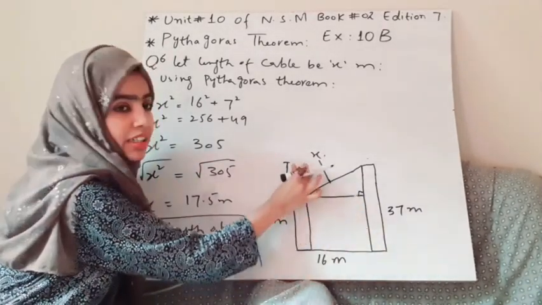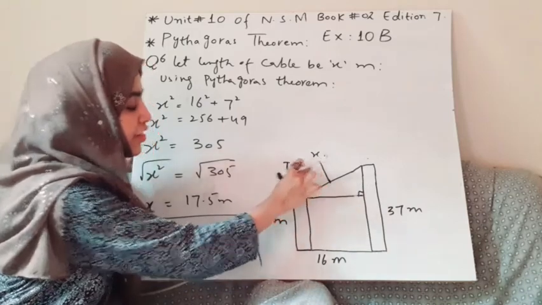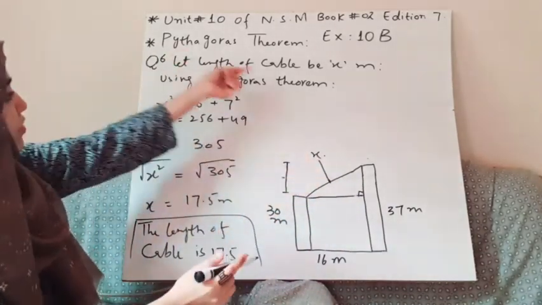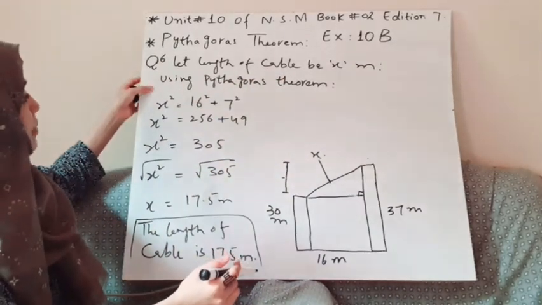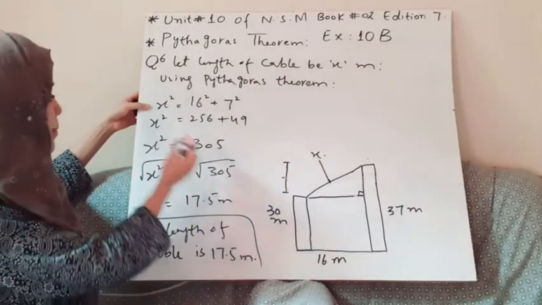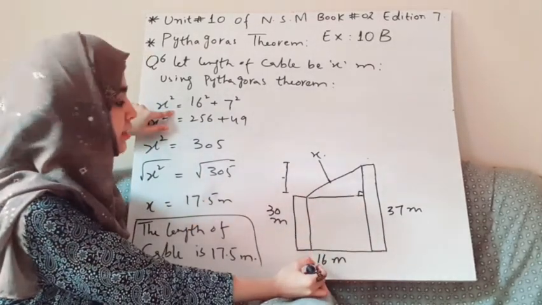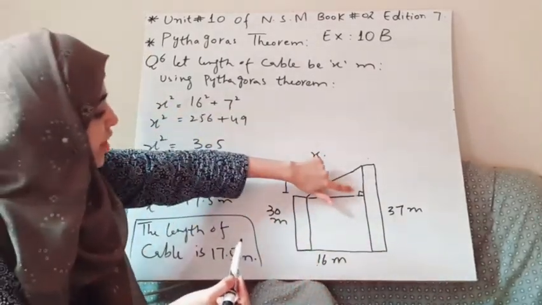Is it a right angle triangle? You can see the side opposite to the right angle is the hypotenuse. We assume the length of the cable is x meter. Using Pythagoras theorem, hypotenuse square equals this distance, which is 16 meter, squared, plus the other distance squared. How can we find this distance?